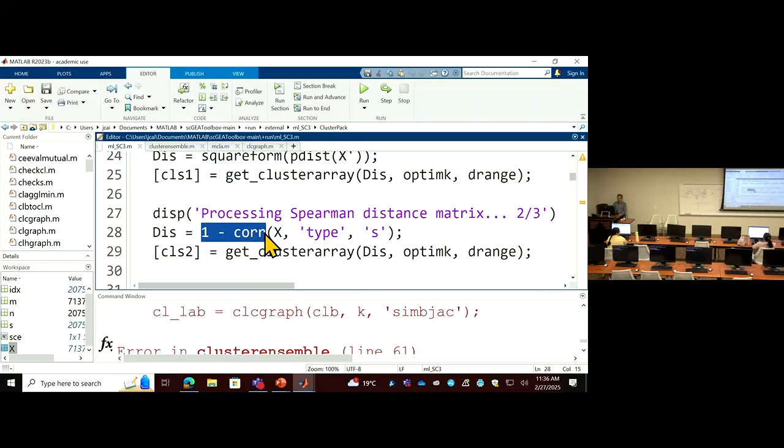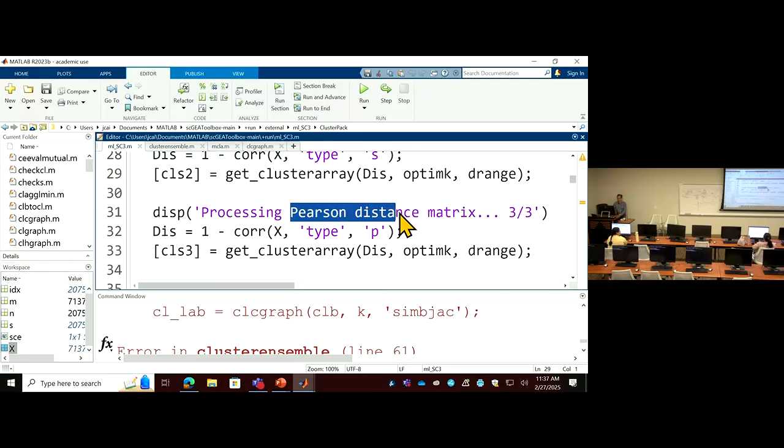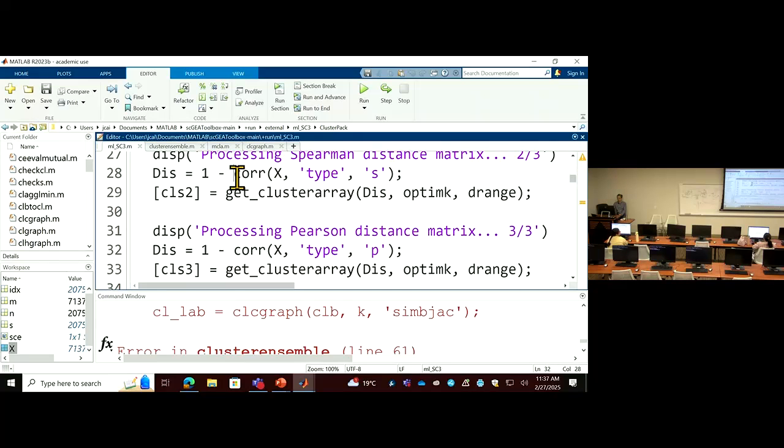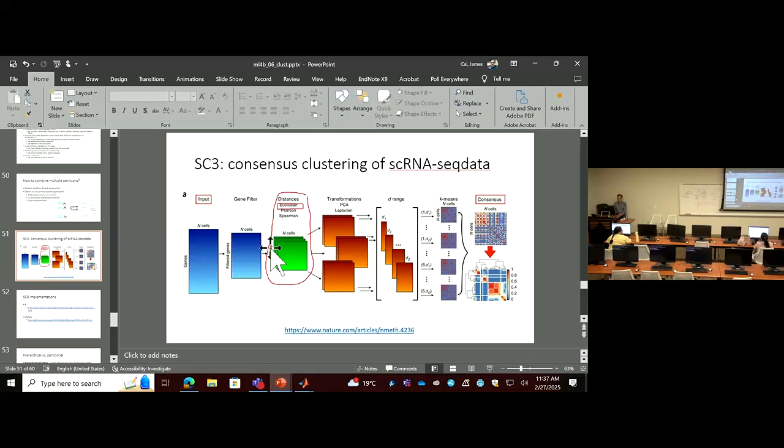Then 1 minus it will be the distance, because if you have a strong correlation, then the distance between you will be small. So this is the second step. The third step is to use Pearson correlation distance. You just change the same function to compute the correlation coefficient from Spearman to Pearson. So these 1, 2, 3 steps are these three.